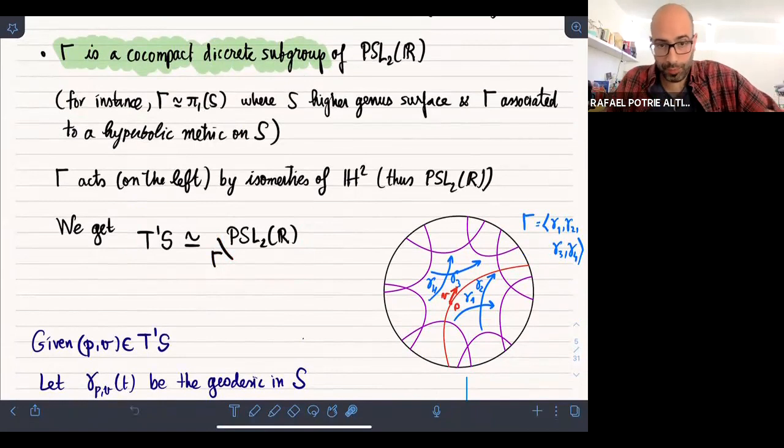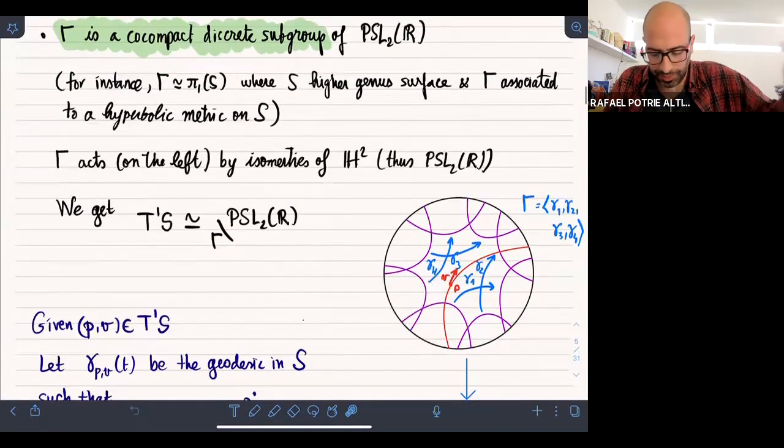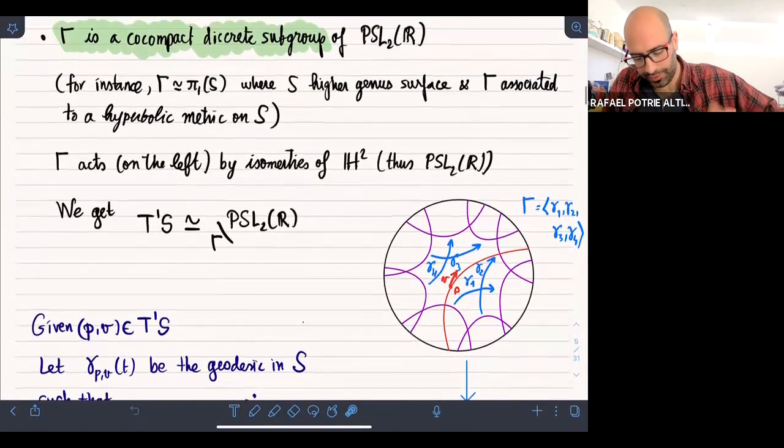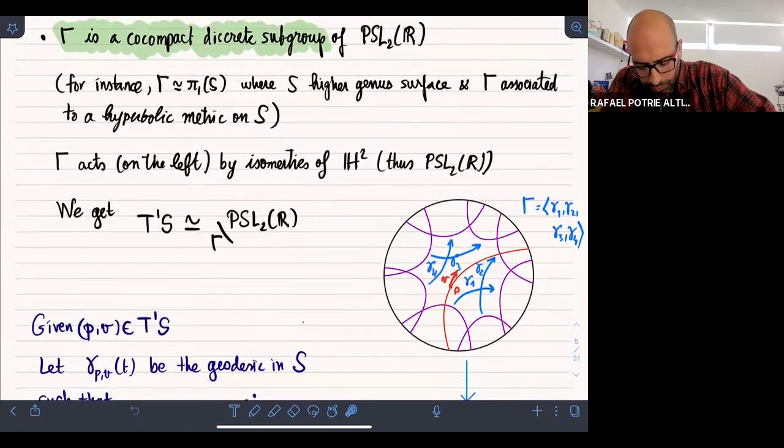Since we are acting by isometries, this produces a compact manifold endowed with a metric, which is the Riemannian metric we will take. Okay, this is kind of an example.